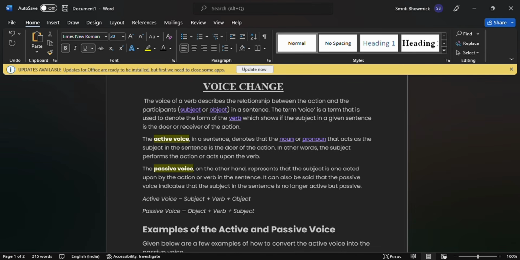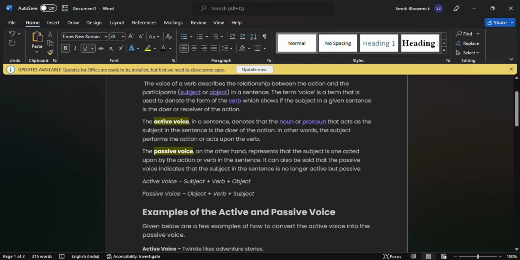Here you can also notice in the structure, the active voice is just like the normal sentence construction formula, subject plus verb plus object, a very simple structure. But in passive voice you can see the replacement of the position, not of the role.